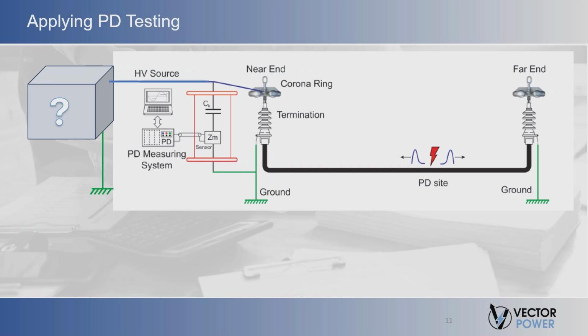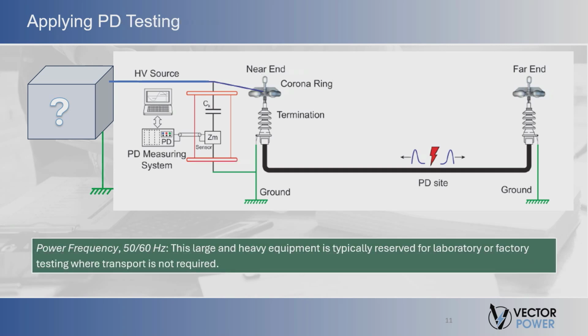Voltage sources must be alternating current and can be characterized as power frequency operating at 50-60 Hertz. Now, this large and heavy equipment is typically reserved for laboratory and factory testing where transport is not a requirement.